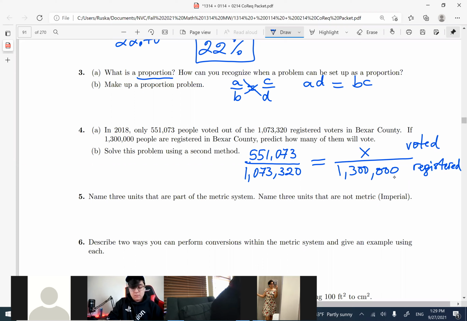So I'm going to write here how you get the answer. It's going to be 551,073. You're multiplying by 1,300,000, and you divide it by 1,073,320.